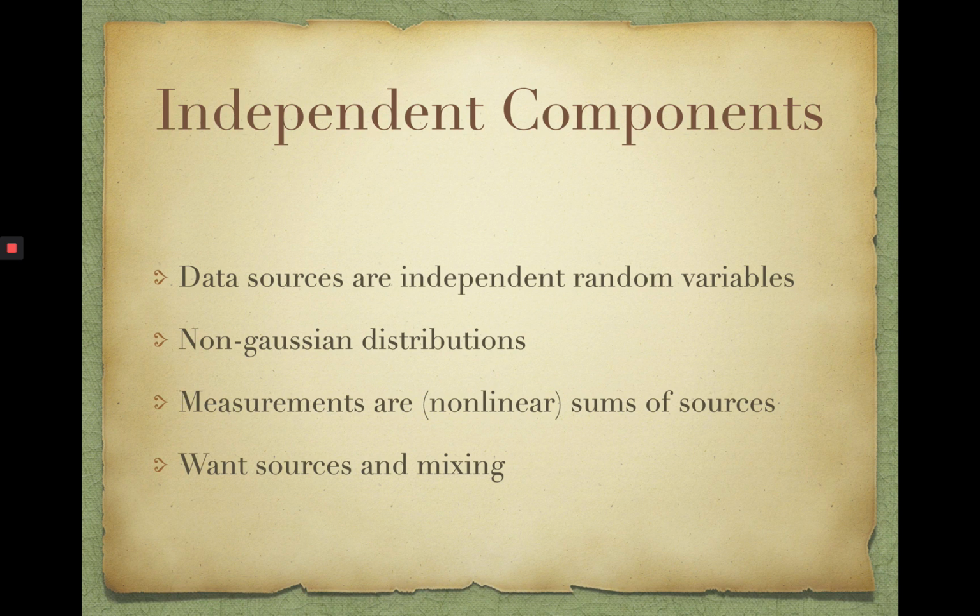If I'm working back to some original sources that might not have been Gaussian at the start, they're going to become more Gaussian over time, which means if I'm going backwards to try to find the original, I've got to make them less Gaussian. So we're going to assume that we're dealing with who knows what, that is not necessarily a Gaussian, because not everything is Gaussian in the universe.